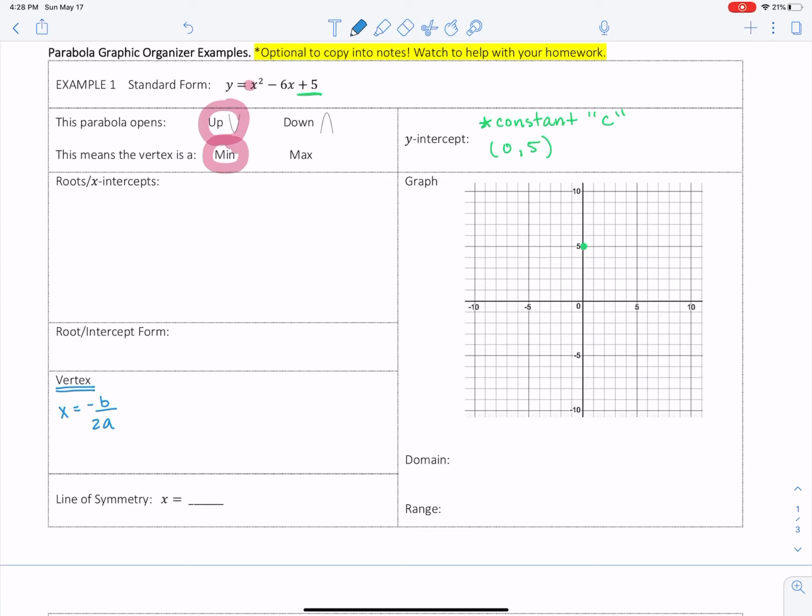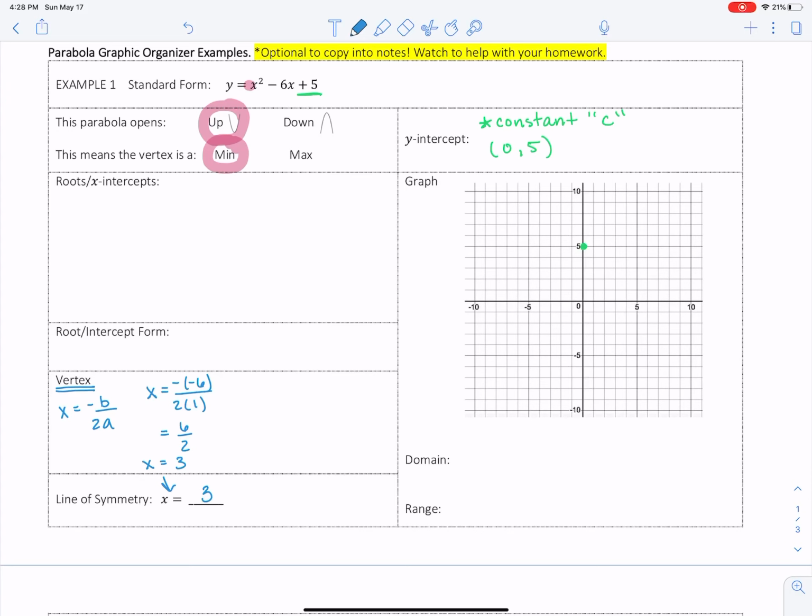For us, that would be x is equal to negative 6 over 2 times 1, meaning that x is equal to positive 6 over 2, x is equal to 3. All right, so this is actually my line of symmetry, which is right below us. We can fill that in right away.